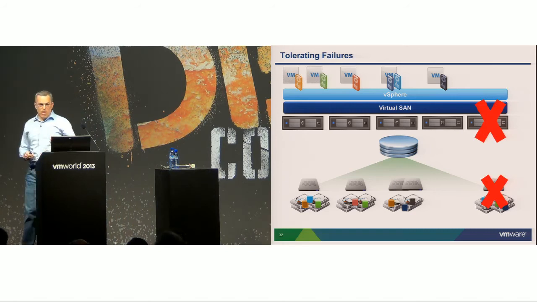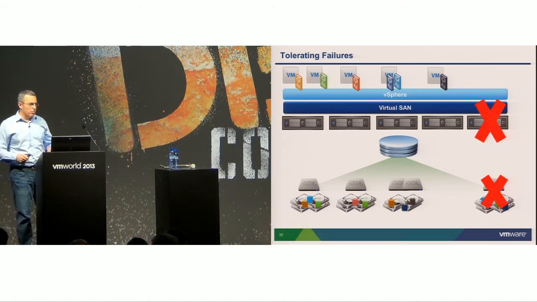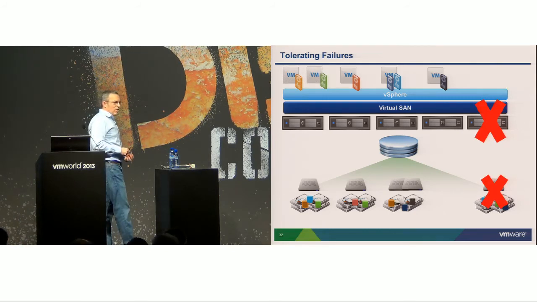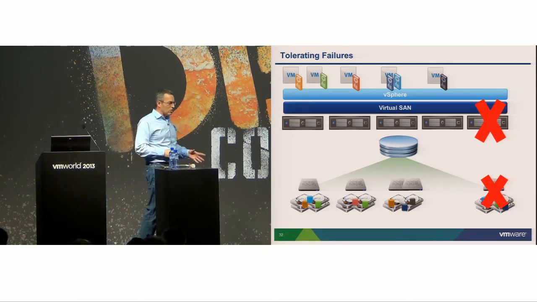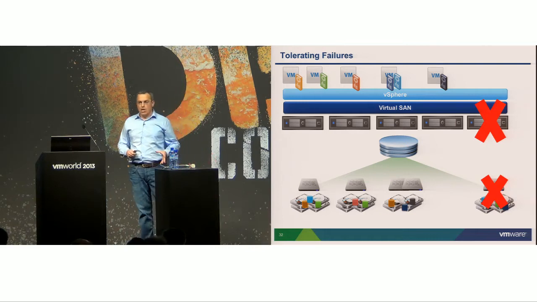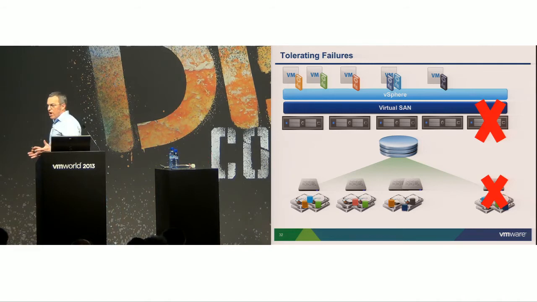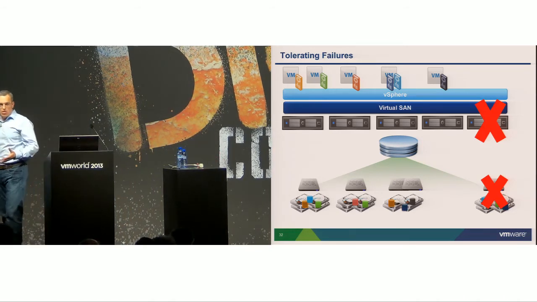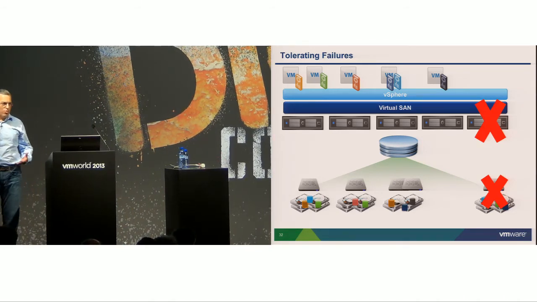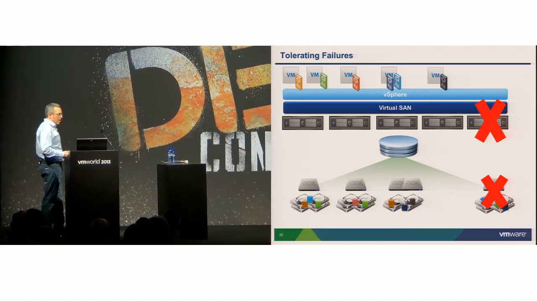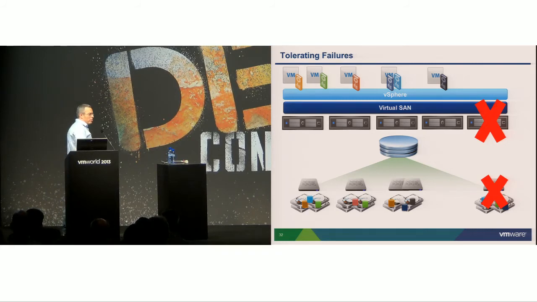As soon as that happens, immediately HA, which as I said works seamlessly with vSAN, will kick in and restart any VMs that went down with that host on some other hosts in the cluster. Assuming that the user has specified sufficient availability, those VMs will still have at least one copy of the data and will continue running. And the same with all VMs in the cluster. No VM should be inaccessible or blocked because that host went down.